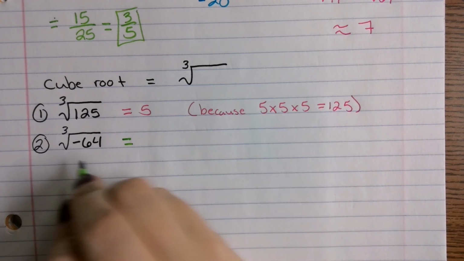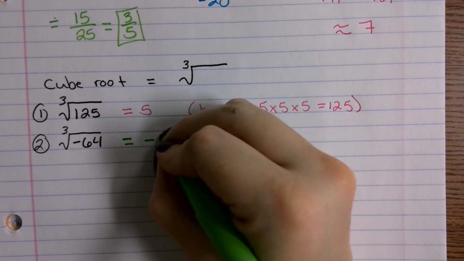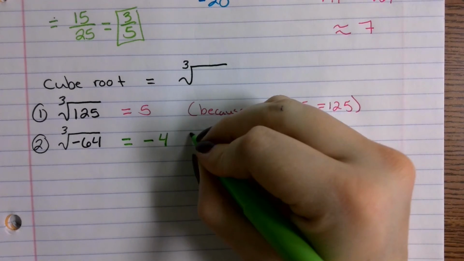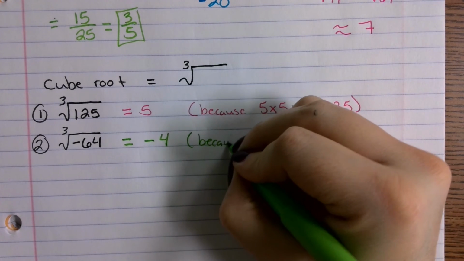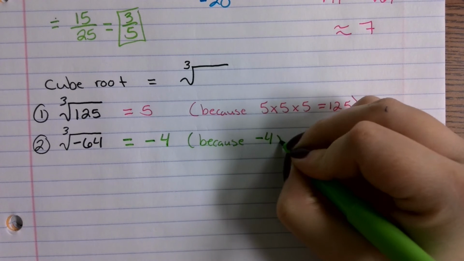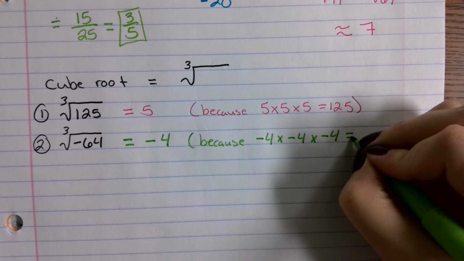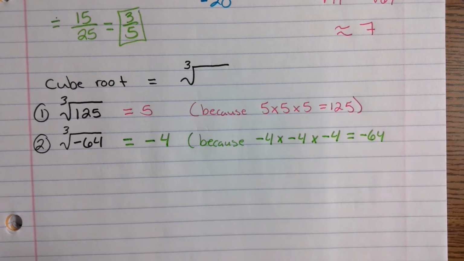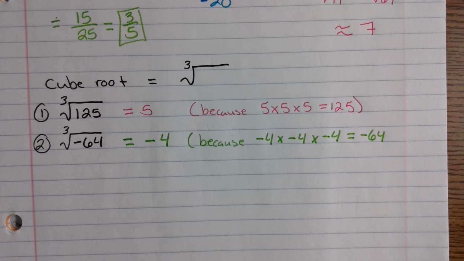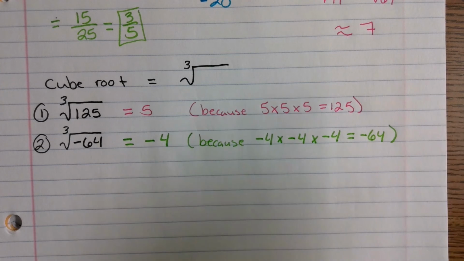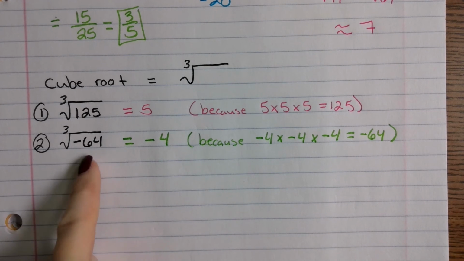In fact, the cubed root of negative 64 is going to be negative 4. That's because negative 4 times negative 4 times negative 4 will equal a negative 64. You can multiply 3 negatives together to get a negative answer. So it's okay to have a negative inside.